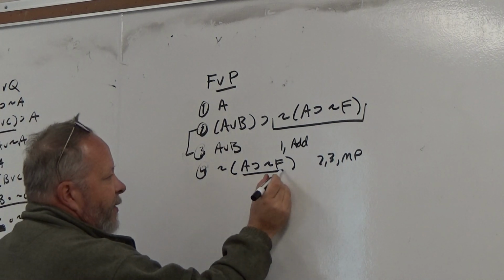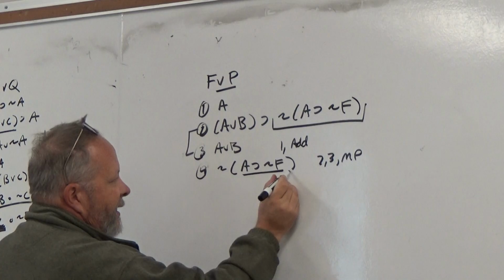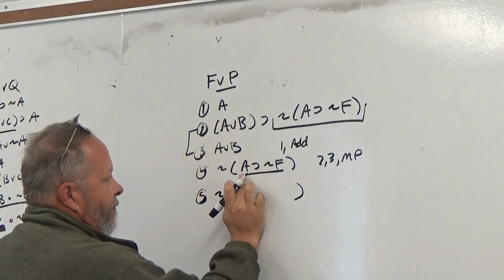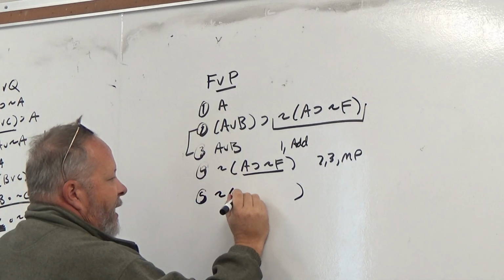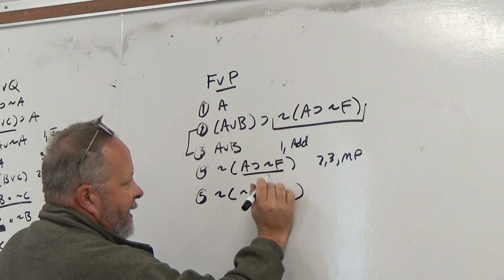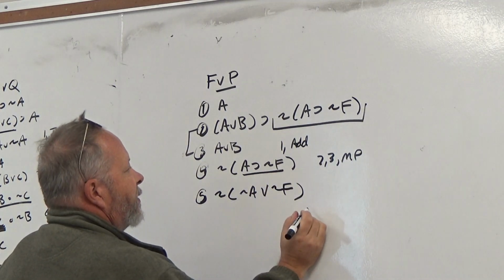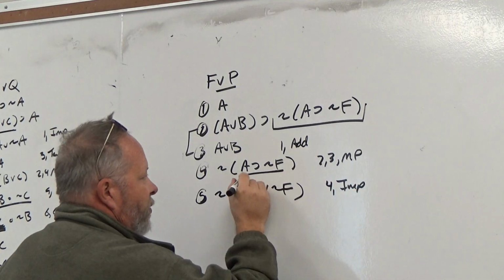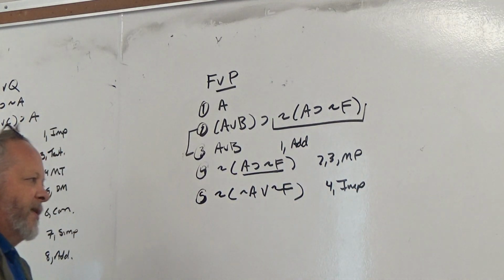So I'm doing material implication only on the inside of the parentheses. So everything else stays the same. A becomes not A, then becomes or, and this stays the same, not F. This is from 4 by implication, just doing implication on the inside.